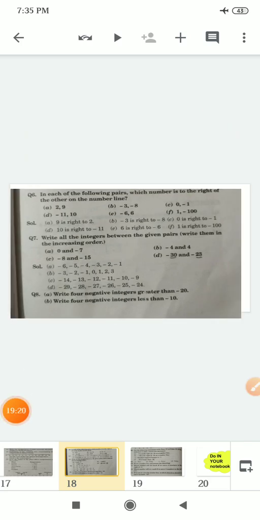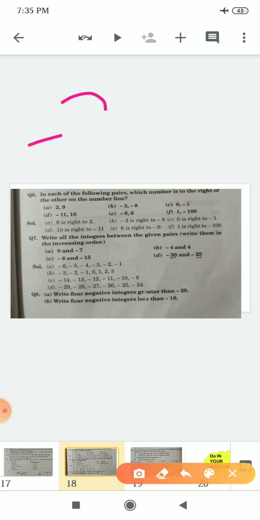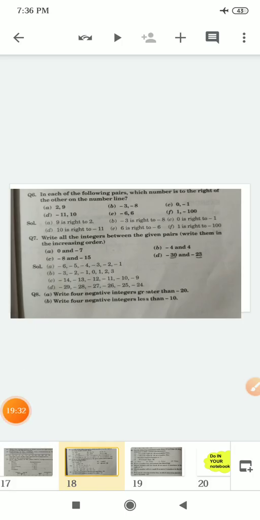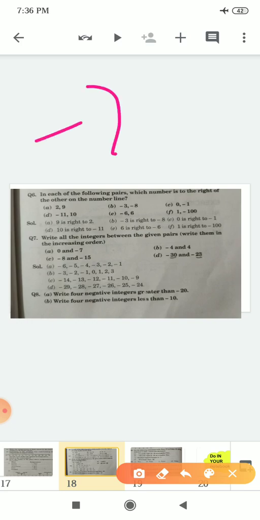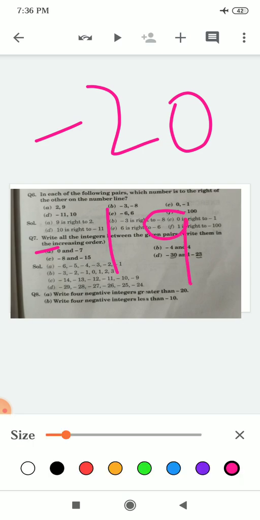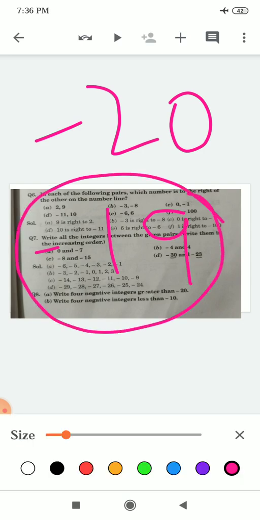We have question number 8. Write 4 negative integers greater than minus 20. So my dear students, I am telling you that if two negative numbers are given, the number which is smallest without the minus sign will be greater.